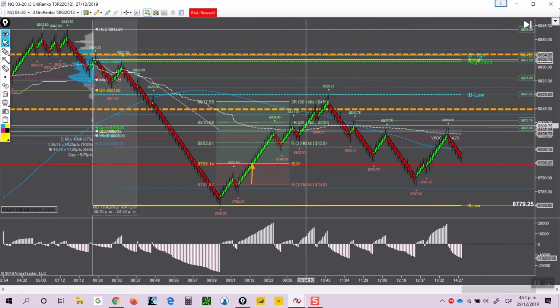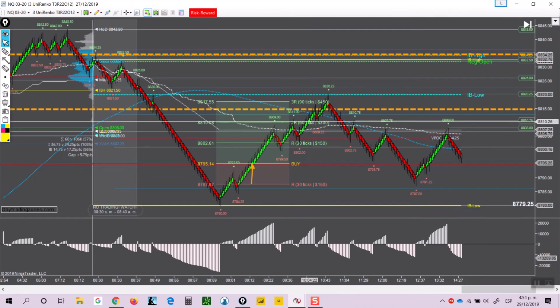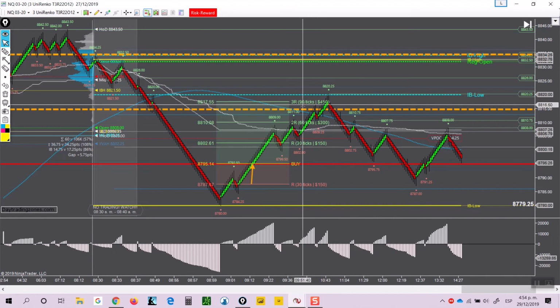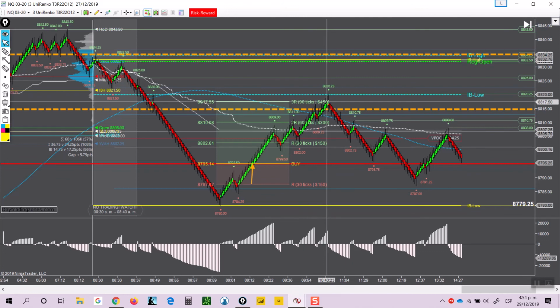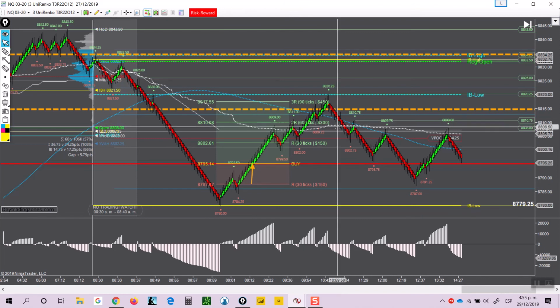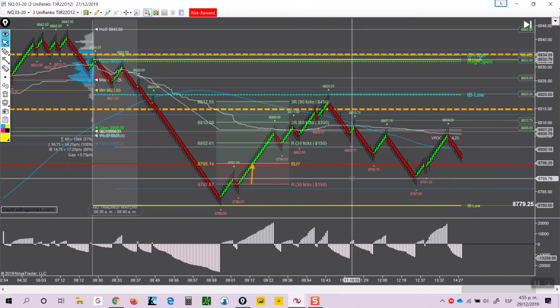So in this case, I continued with the trade, hypothetically, and as soon as I touch the 3-to-1 risk to reward, that's 90 ticks. If I didn't, I would have some runner, and my stop loss would be moved to the 2-to-1, to the 60 ticks. So that's how I protect my money.